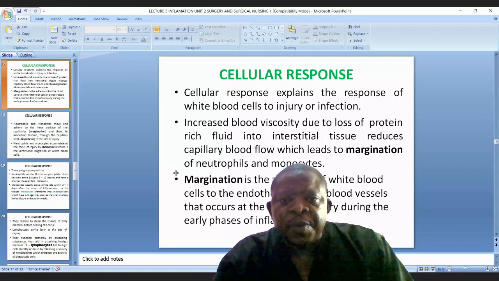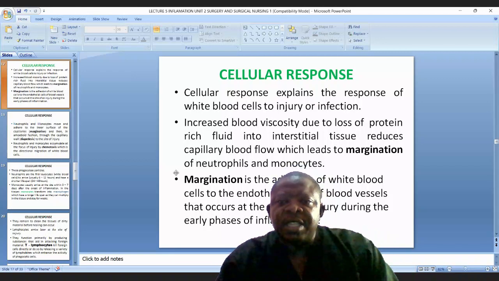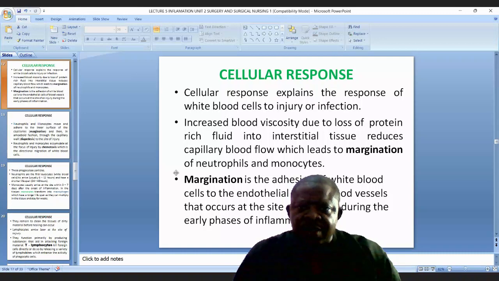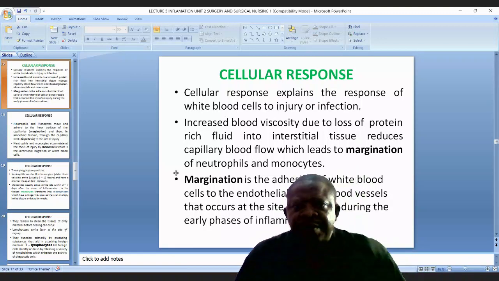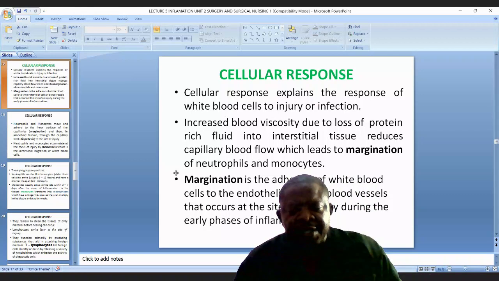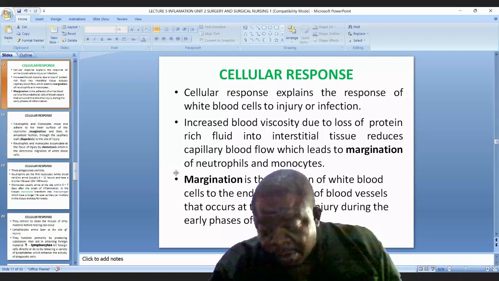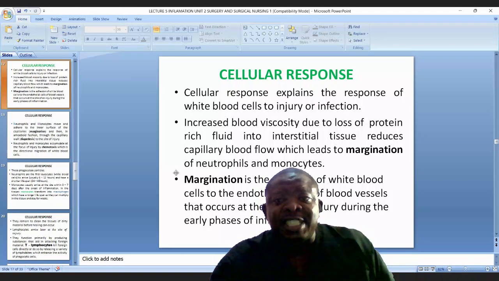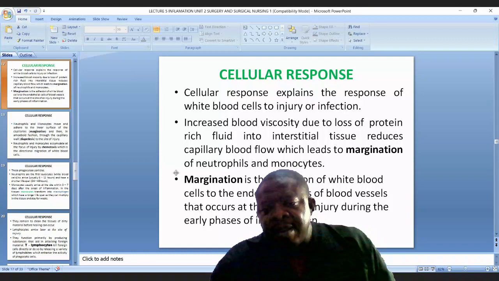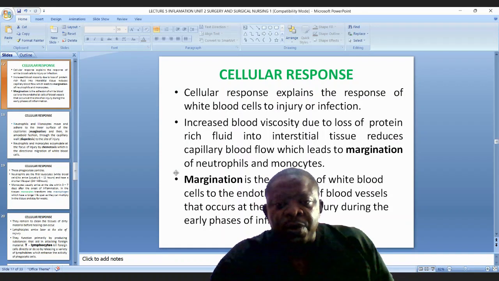So, margination is simply the adhesion of white blood cells to the endothelial cells of blood vessels that occurs at the site of any injury during the early phase of inflammation. So, white blood cells line up or get attracted to the margins, okay, to the peripheries of these capillaries or these blood vessels in order to start forming a mesh or a wound framework that is going to prevent further bleeding.